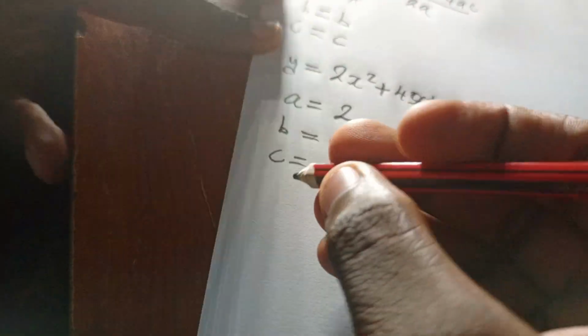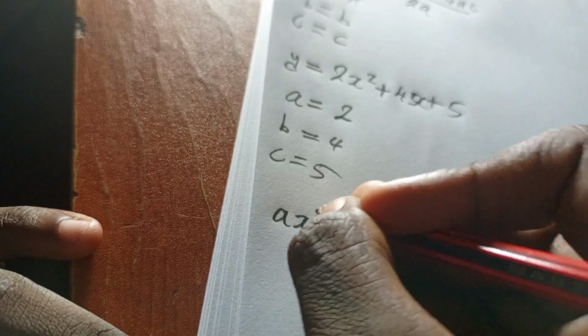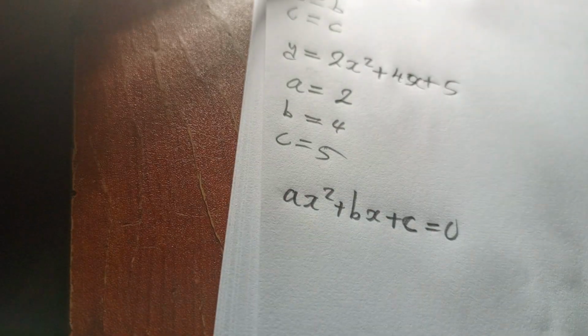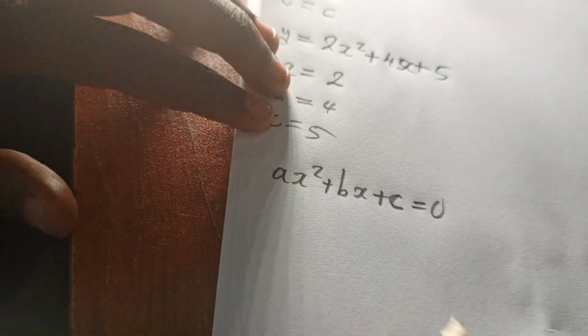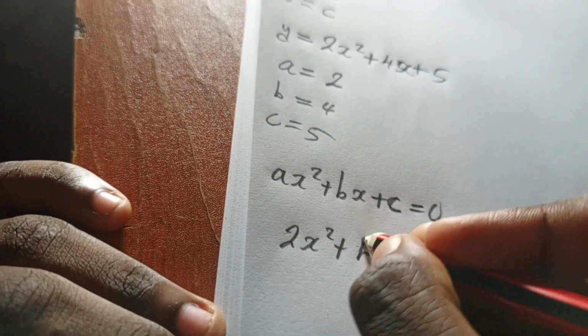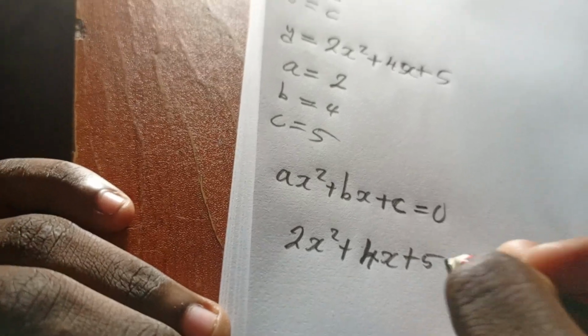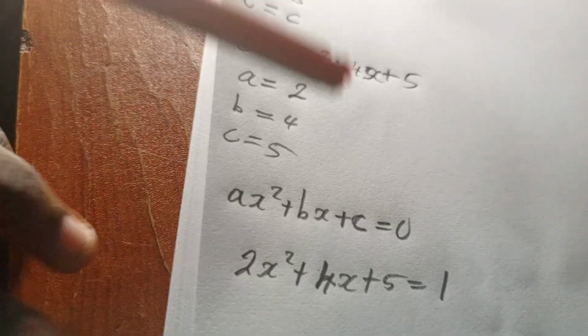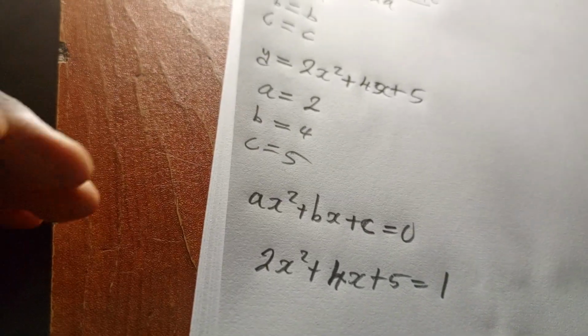Take note that an equation needs to be in the form ax squared plus bx plus c is equal to 0 for us to be able to solve for the values of x. If you have variables on the other side, for example 2x squared plus 4x plus 5 is equal to 1, we need our quadratic equation to be equal to 0.